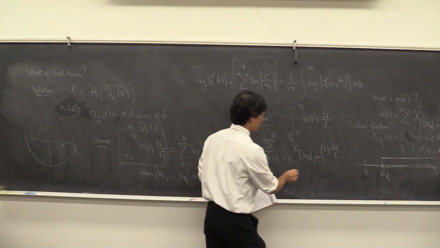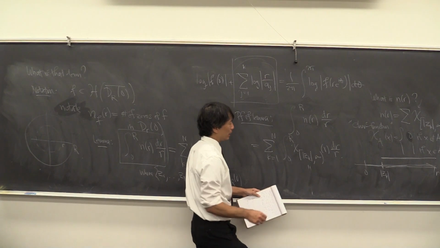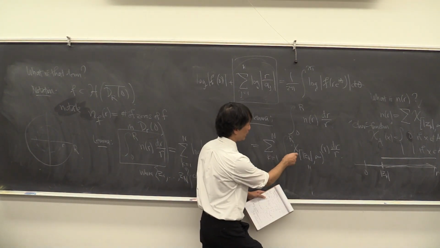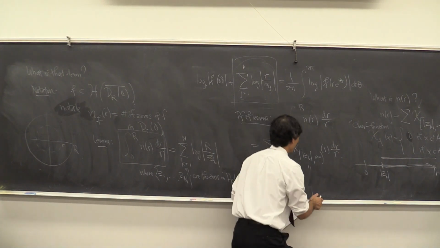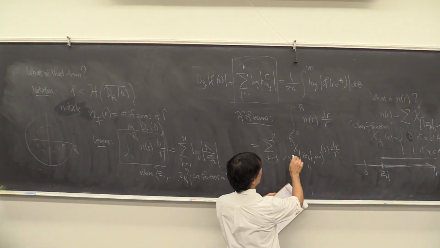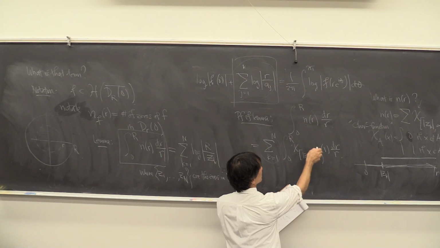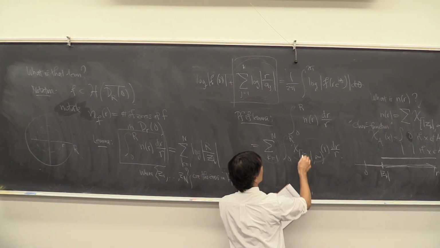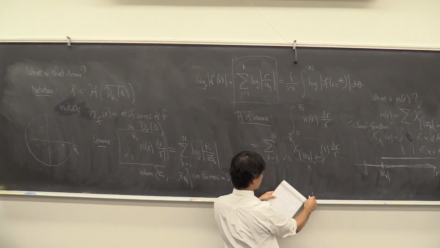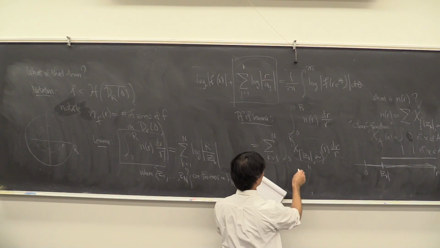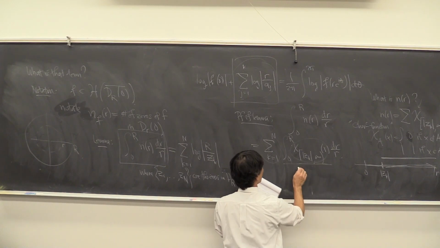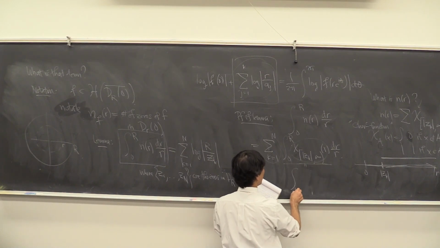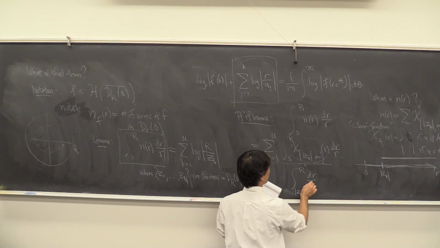I pulled the finite sum through the integral, which is fine, of course. But what does this thing do? This says that we're going to take the integral from the size of zk to r of dr over r.